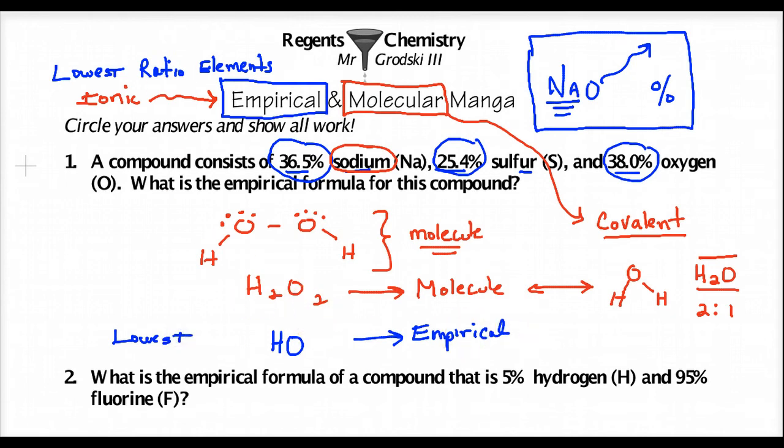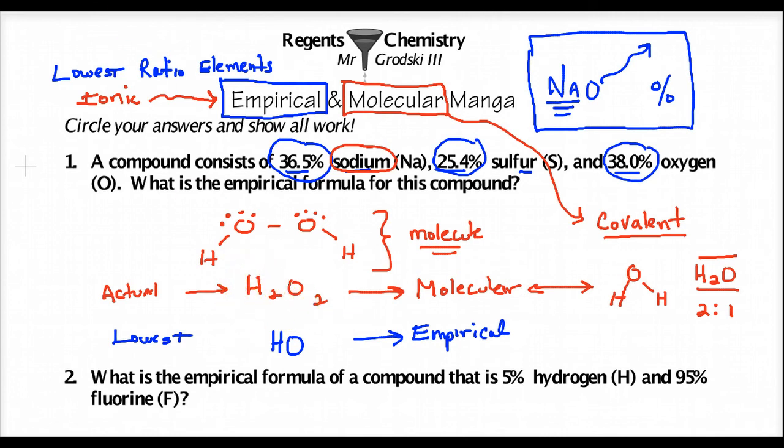And of course, the molecular is the actual numbers that exist in the molecule. So empirical is the lowest ratio. Molecular formula is the one that actually exists in nature.